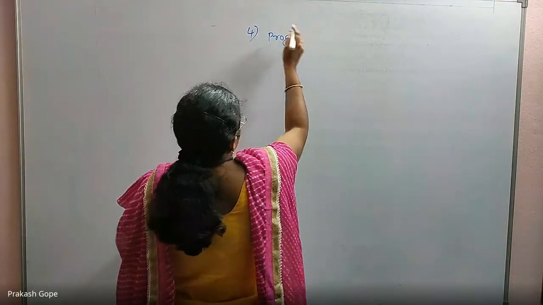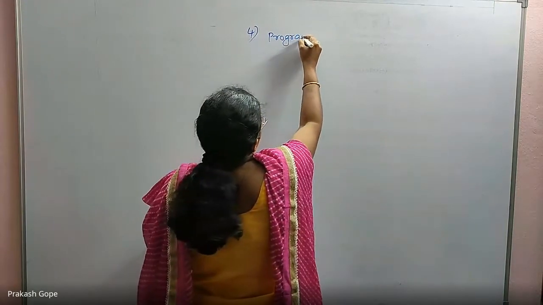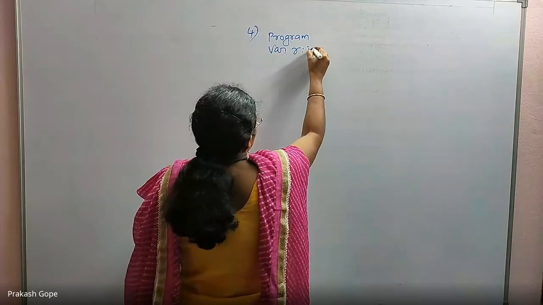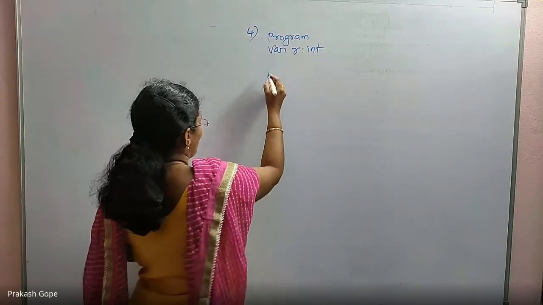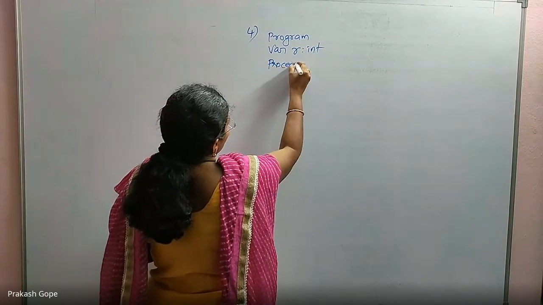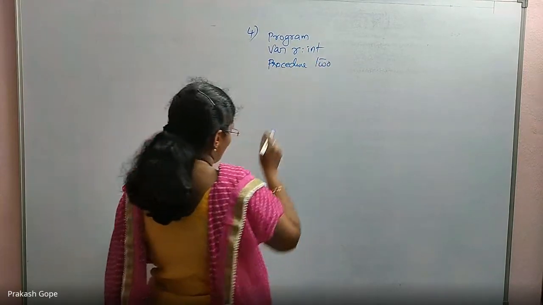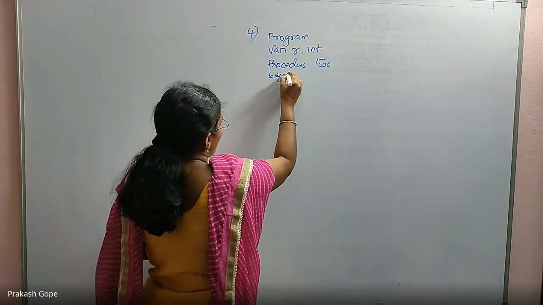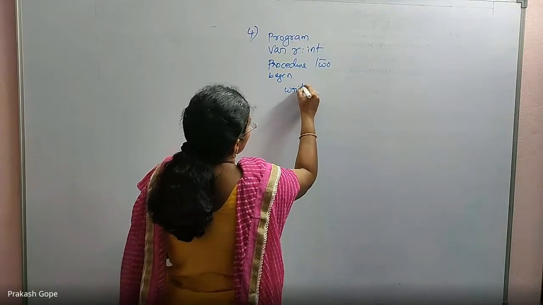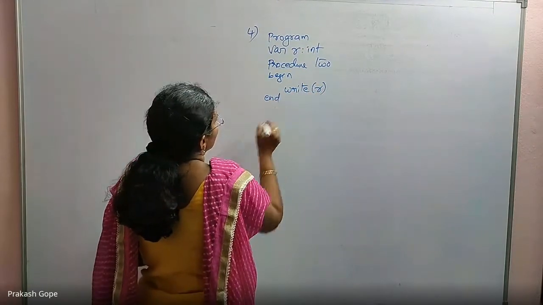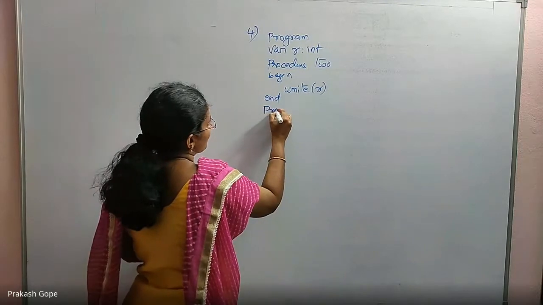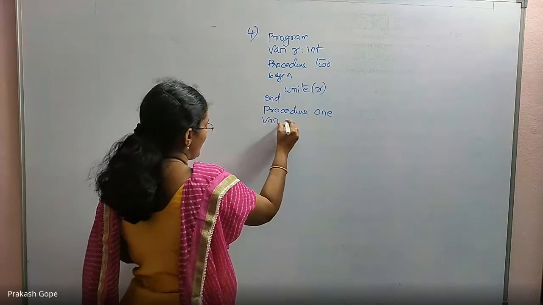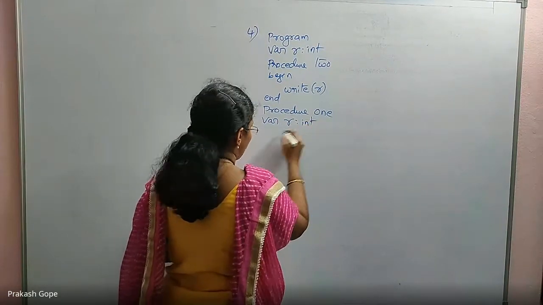Program main. Sometimes they give that line, sometimes they don't even give it. You should assume this as pseudocode, that's all. Var: there is a variable R, integer. There is a procedure called 2, with no parameters, no local variables, just one line: write R. Then there is procedure 1, in which there is a locally declared variable R, integer.